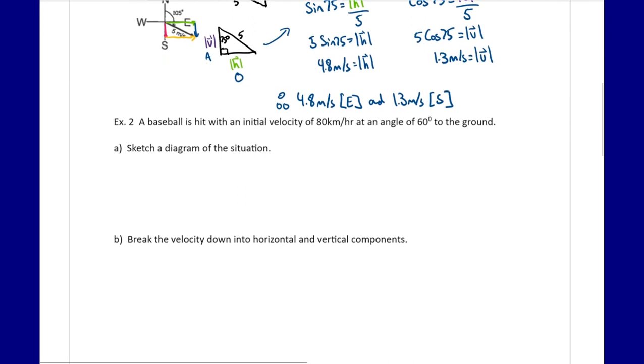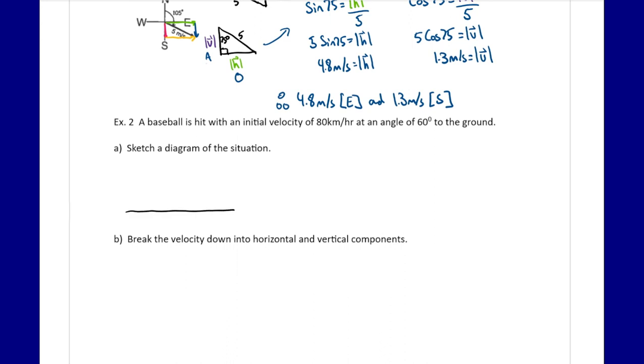So next, a baseball is hit with an initial velocity of 80 kilometers per hour at an angle of 60 degrees to the ground. First, we want to sketch the diagram and then break the velocity down into horizontal and vertical components. Right, so I'm just going to roughly sketch this one.